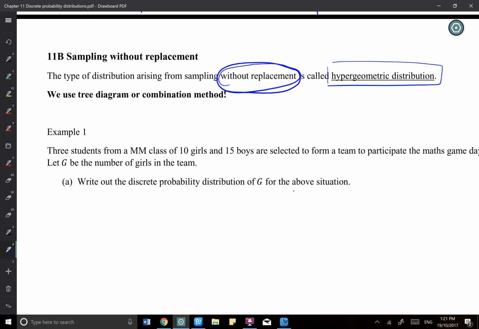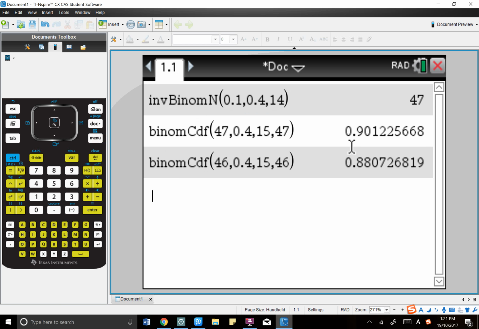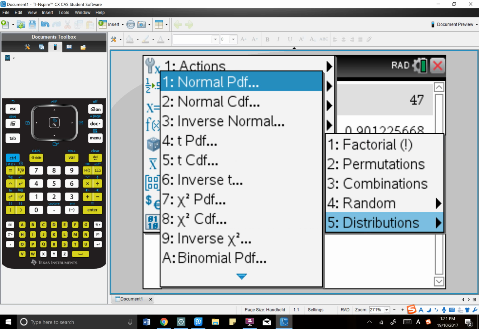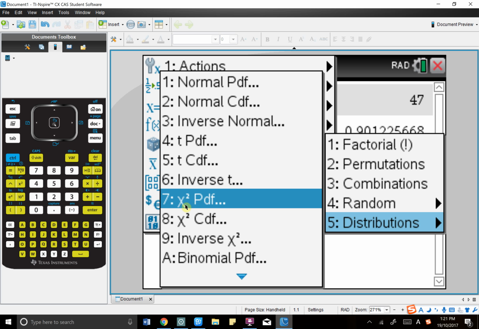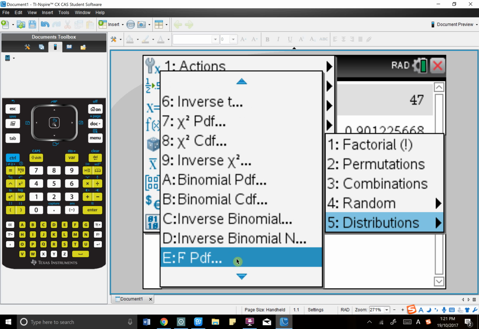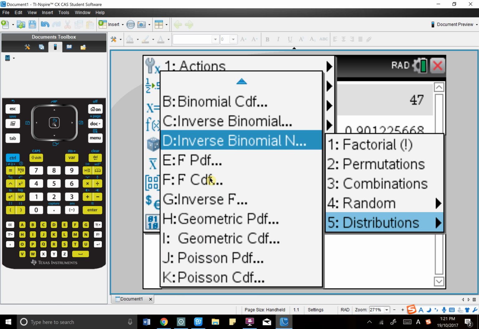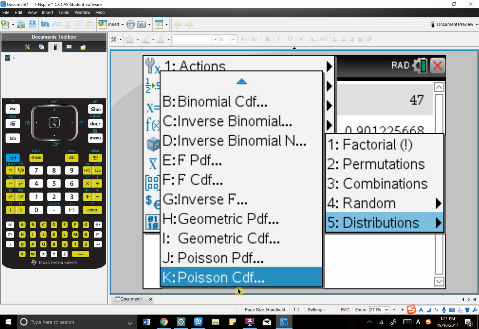For other special distributions, let me give you some interesting results. In your calculator, if you go 5 and 5, you can see that's called a normal distribution. This is called a T distribution, and this is a chi-square distribution, binomial distribution, F distribution, geometric distribution, Poisson distribution.